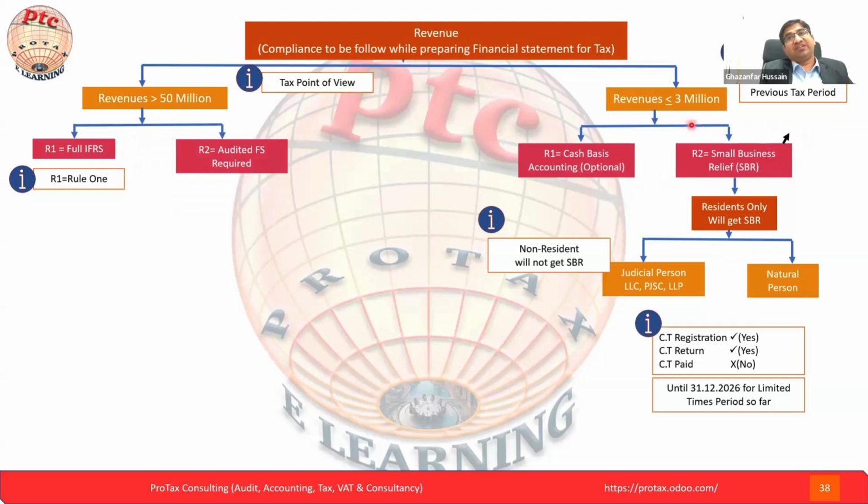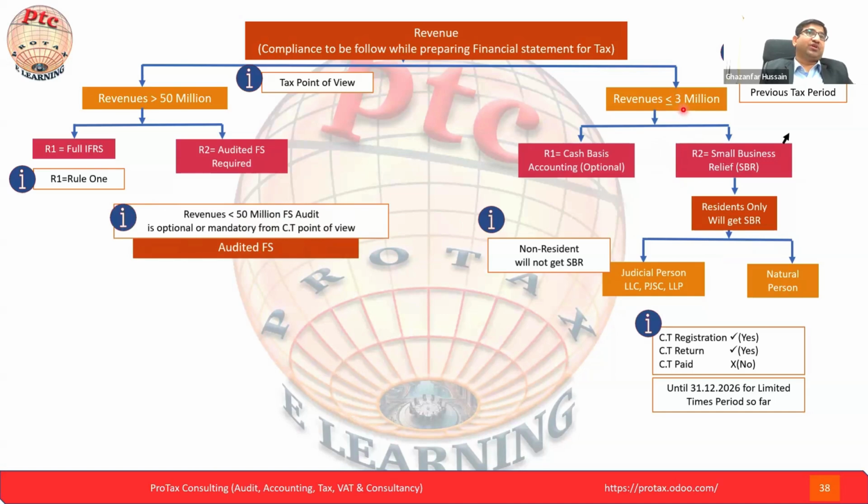Versus if revenue is less than 3 million, a mainland company doesn't require the audited financial statement, but they still have to prepare the financial statement as per IFRS for SME. The revenue calculation will still be as per IFRS for SME, where you have to test whether you are meeting the 3 million condition or not.